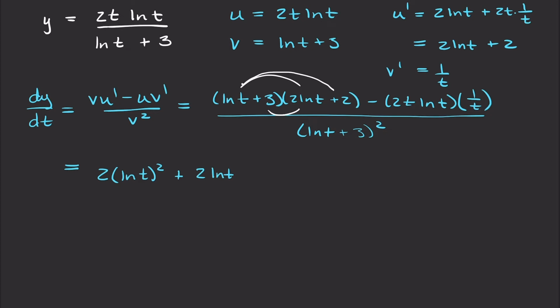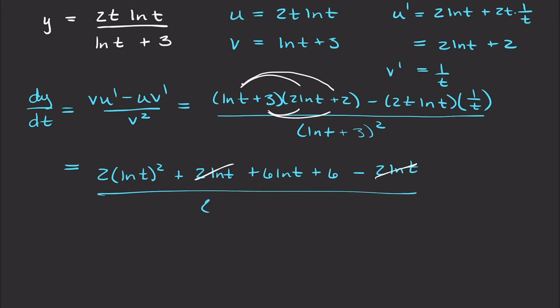And then I'll do this term and this term, so that will be plus 6 ln of t plus 6, and then minus. The t's on this right hand term are going to cancel, and I'll just have 2 ln of t. These are going to go away, and then I still have my denominator, natural log of t plus 3 all squared.